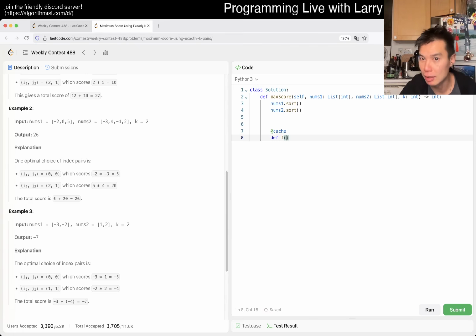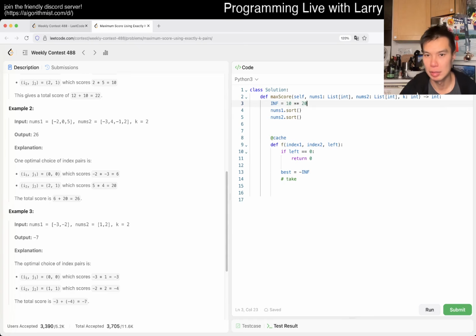But okay, so we have index 1, index 2, and then left. If left is 0, then we just return 0. Otherwise, take no tick. Because I think the sorting gives you a property, but I'm making that up, so don't quote me on it, please.